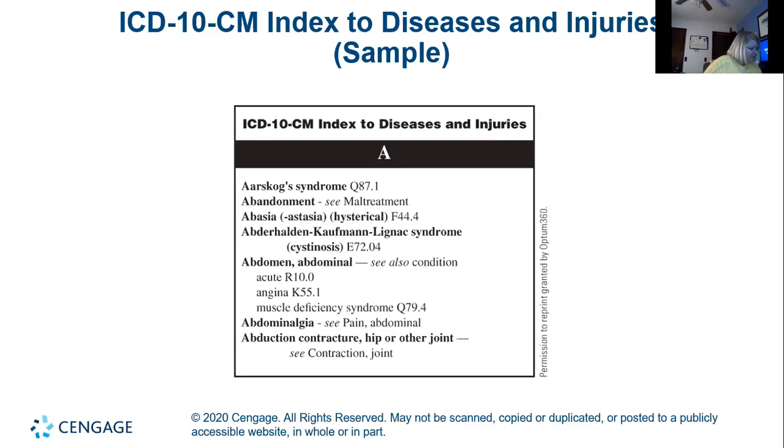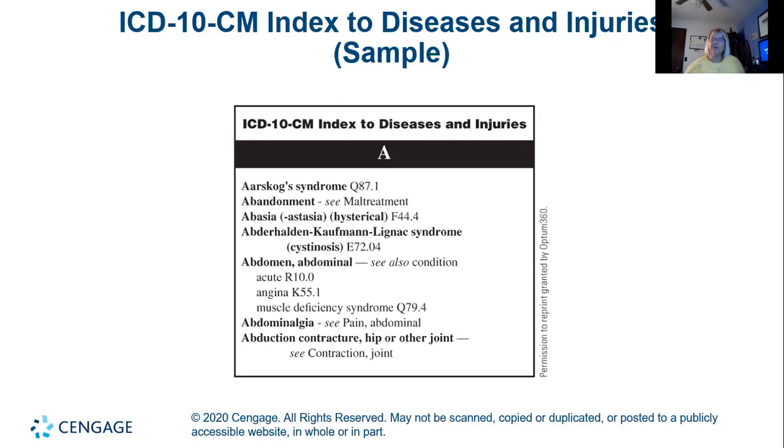R79.0 is on page 942. It says R79.0, abnormal level of blood minerals, and that includes all of the things underneath it, including abnormal blood level of copper. So yes, it does match. Then we write down our code. That's going to be the code that we use.